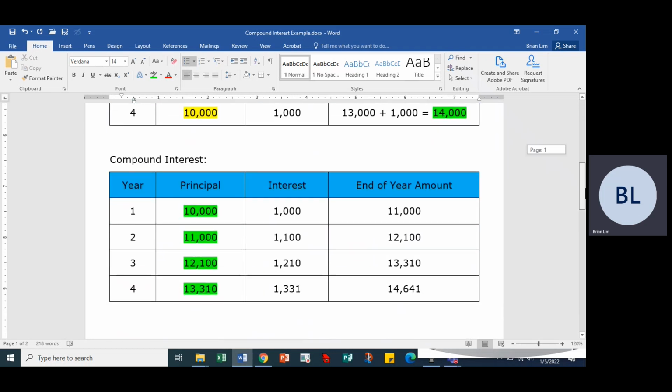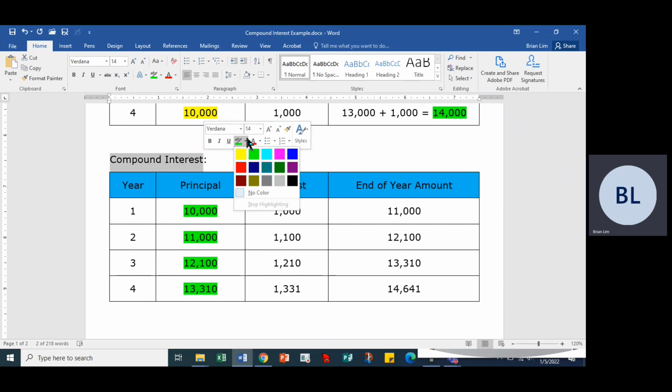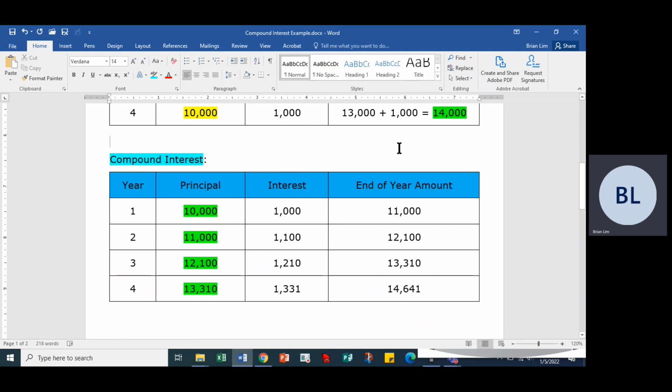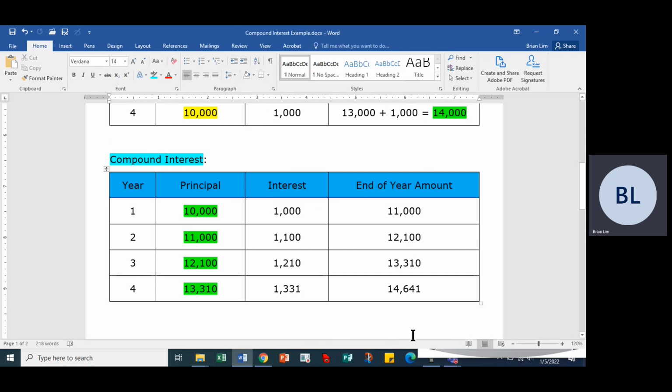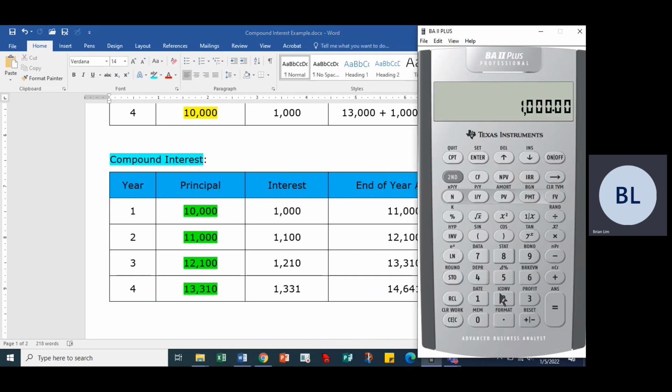Now let's have a look at compound interest here. Now this is compound interest now, so let's take a look at what happens here. Maybe use a different color. All right. So $10,000, same thing, first year, $1,000 interest, right? As I showed you before, or we could have said 10%.